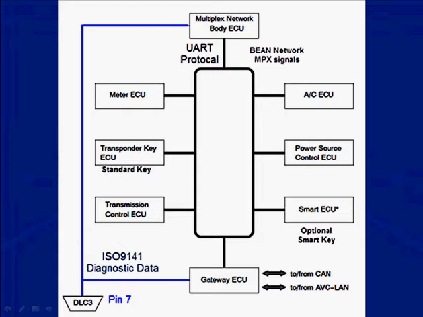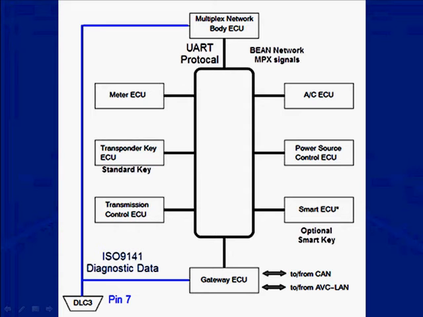And here we have a box drawing of the BEAN network. Now start at the top with me and we can see multiplex network, the body ECU. Underneath it on the left it says UART protocol, on the right it says BEAN network. BEAN is really a UART, Universal Asynchronous Receive Transmit Protocol, and it's been around for many, many years.